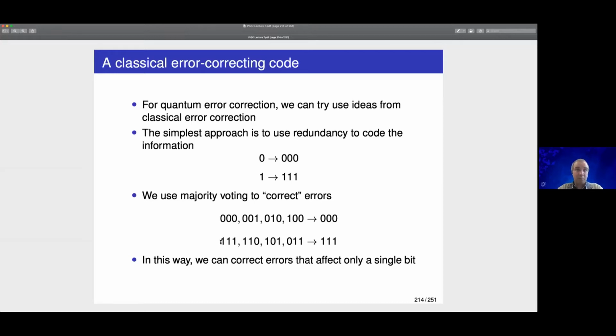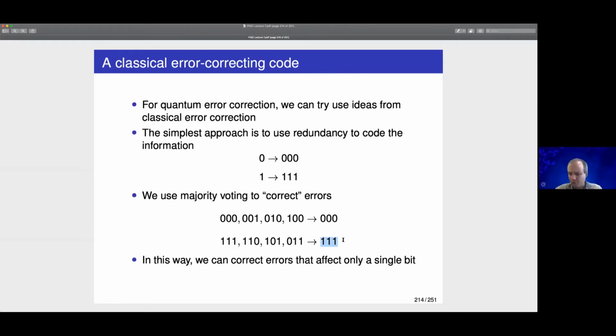And with the same idea, if he receives 1 of these 3 strings, then he can correct to the correct information, provided that at most 1 of the bits has changed. This is the simplest idea that you can use in classical error correction.